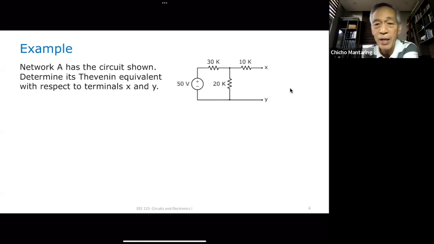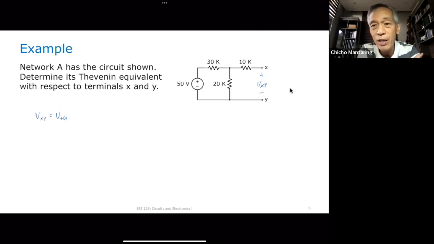So what did we say would be the Thevenin voltage? The Thevenin voltage will actually be Vxy. If I get the voltage between X and Y here, Vxy is equal to my Thevenin voltage. What is the value of Vxy? Can somebody tell me? This is practice for your circuit analysis techniques.